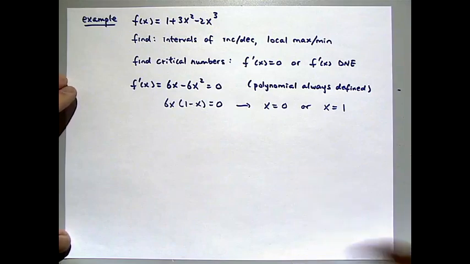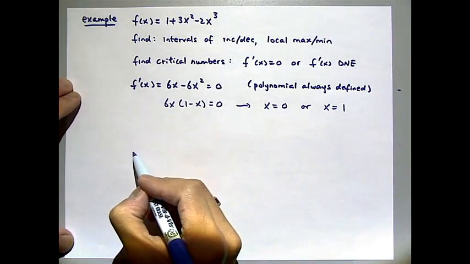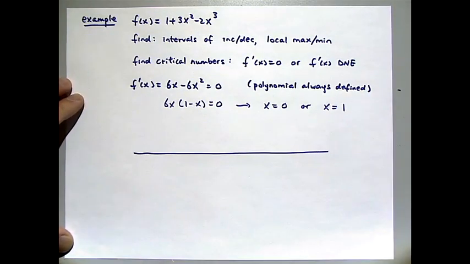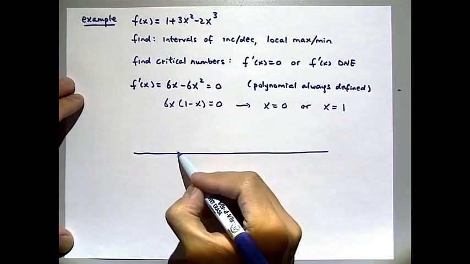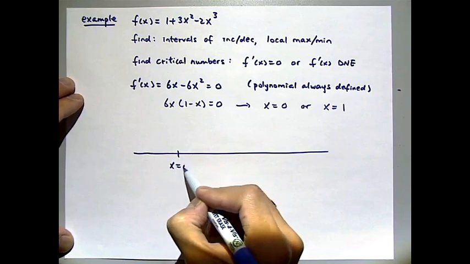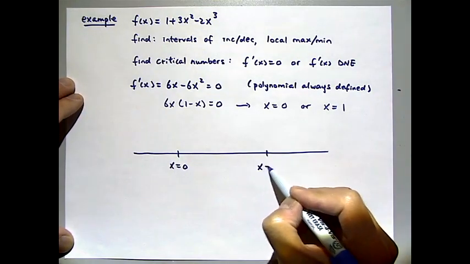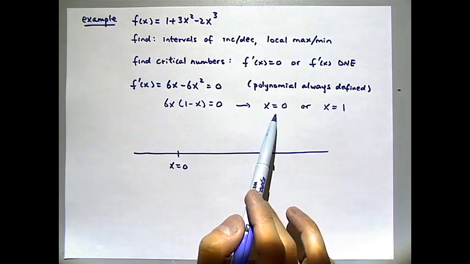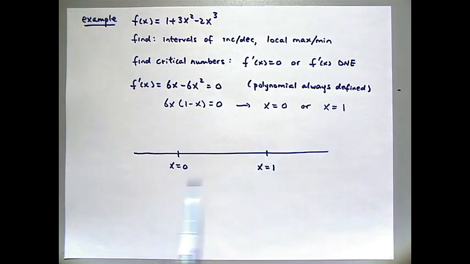And one easy way to see what's going on here is to draw a number line. So this line right here represents all the possible values of x. And on here, I'll put down the critical numbers I found in increasing order. So I found 0 and I found 1. I'll put them here and here.